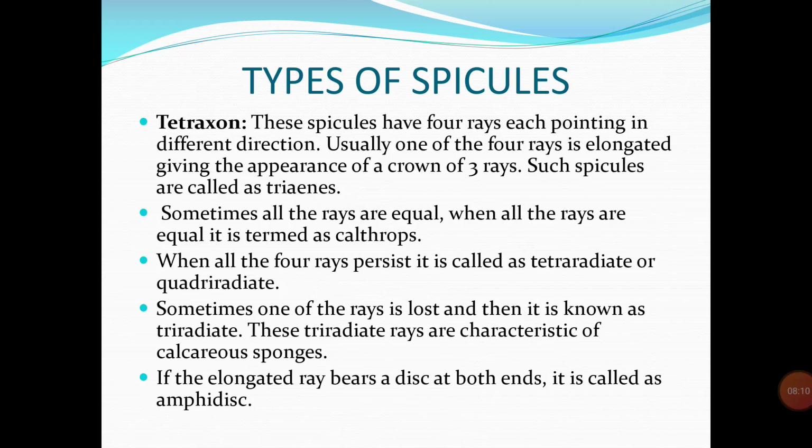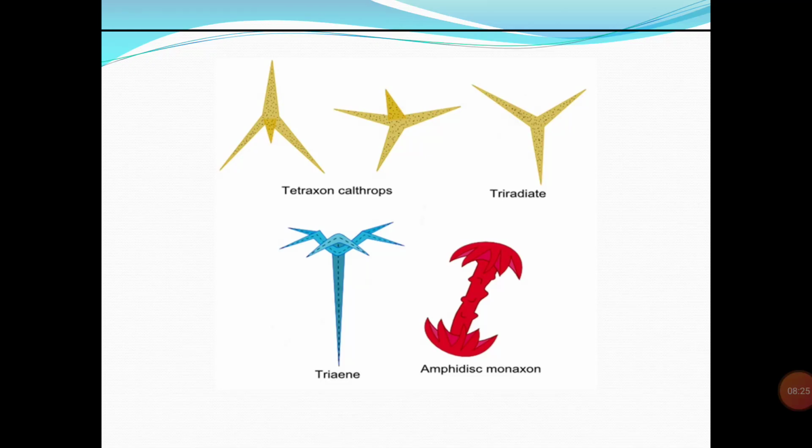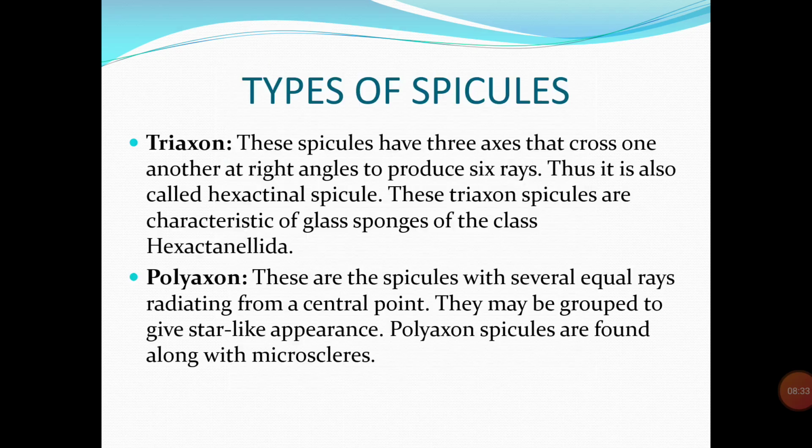These triradiate rays are characteristic of calcareous sponges. If the elongated ray bears a disc at both ends, it is called an amphidisc. In this diagram, all types of spicules are shown according to the description.